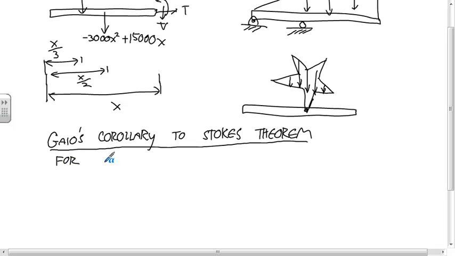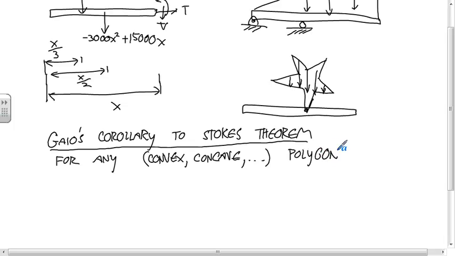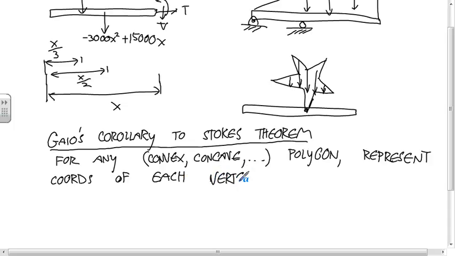For any polygon, convex, concave, or a combination of those two, represent the coordinates of each vertex going counterclockwise as xi, yi.